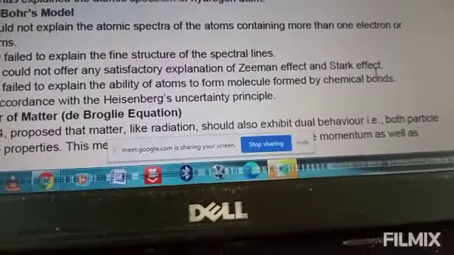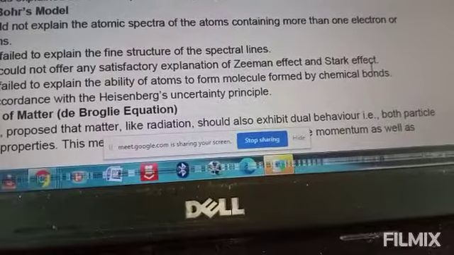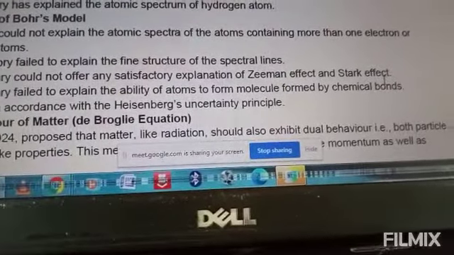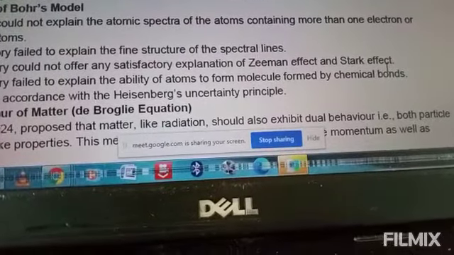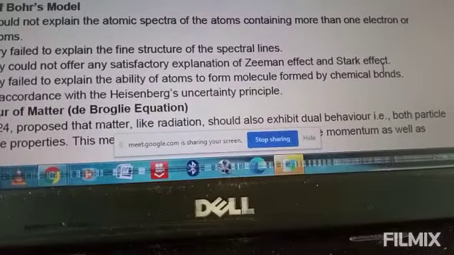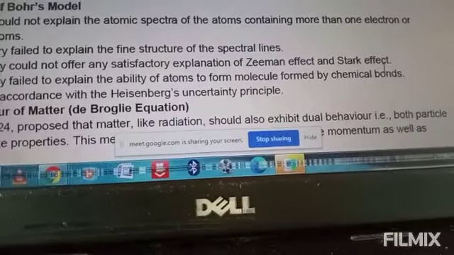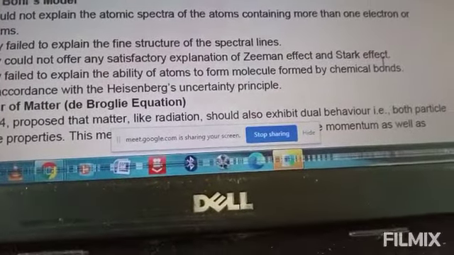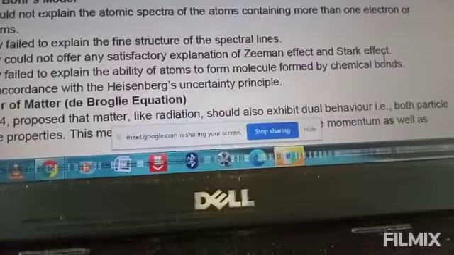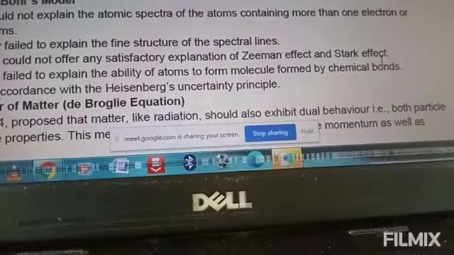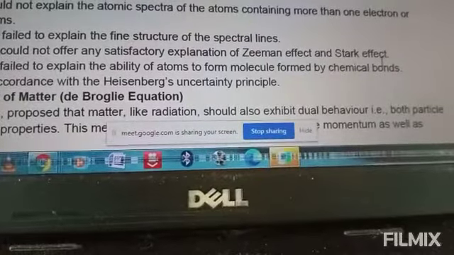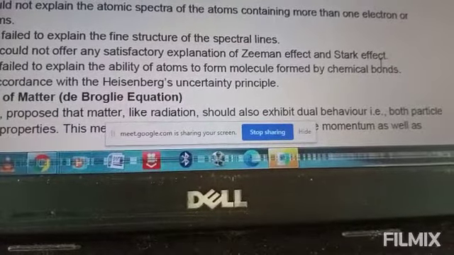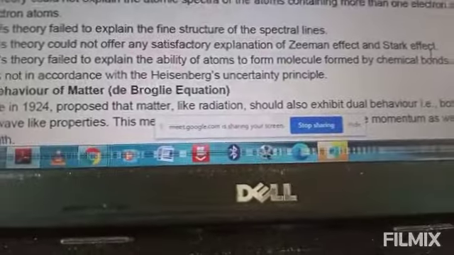In order to solve the shortcomings of Bohr's model, a new model of an atom was developed. For that we need two important developments: number 1, dual behavior of matter, and second, the Heisenberg uncertainty principle.